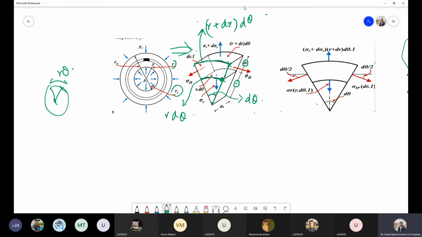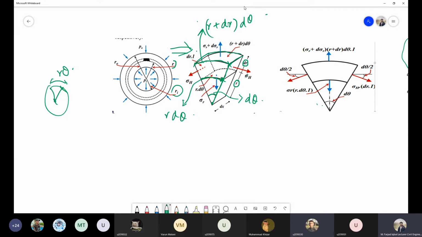Now, if we have this arc length, what will be the area of this particular surface? Can anyone tell? Sir, 1 by 2 R square d theta. Actually, this is a rectangular element now.